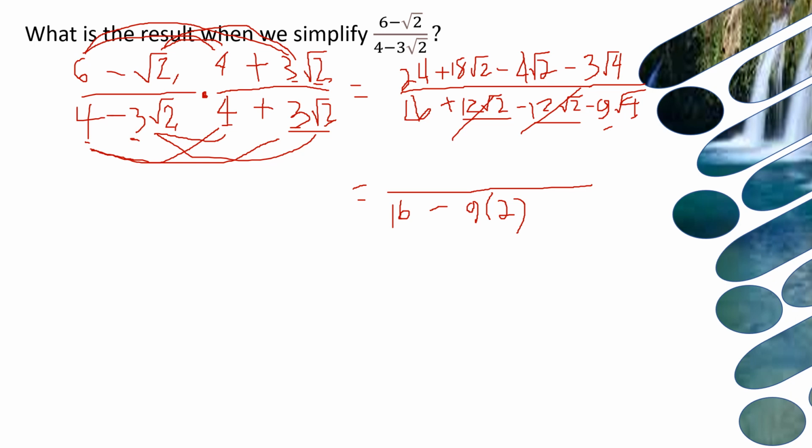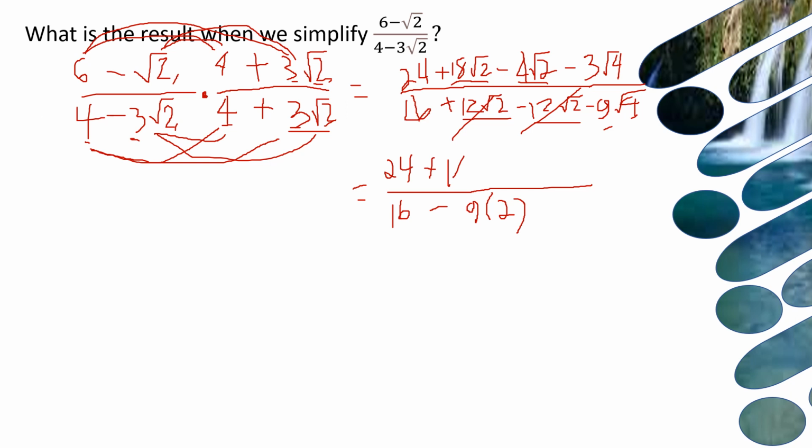And in the numerator, we have 24 plus this 18 square root of 2 minus 4 square root of 2, which are similar radicals. So we just have to subtract their coefficients.